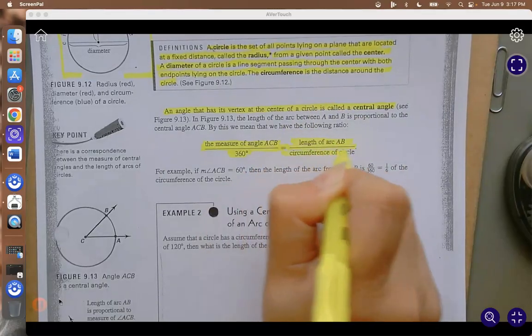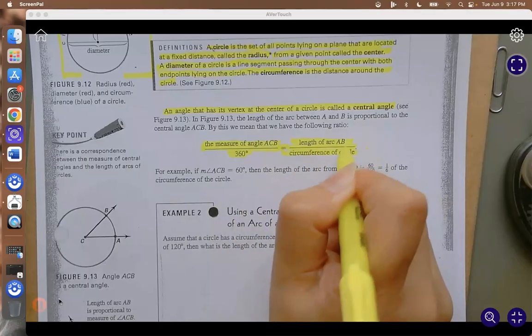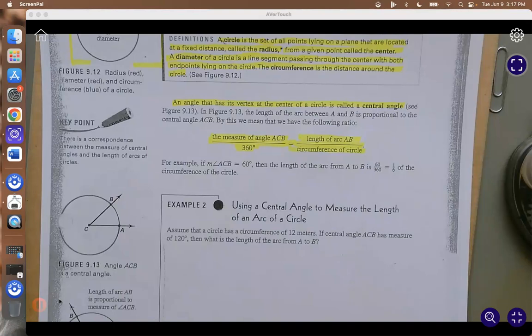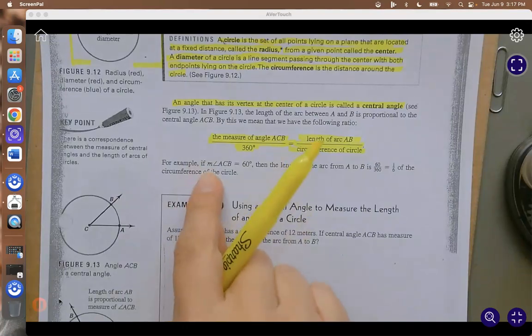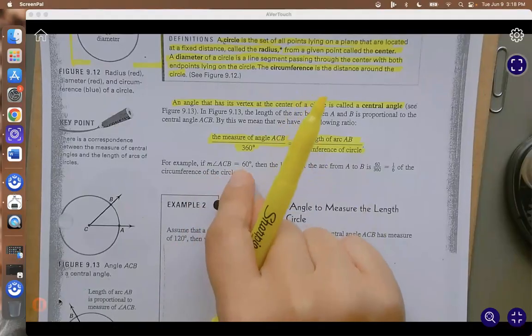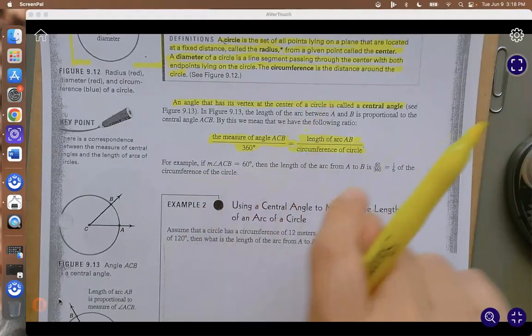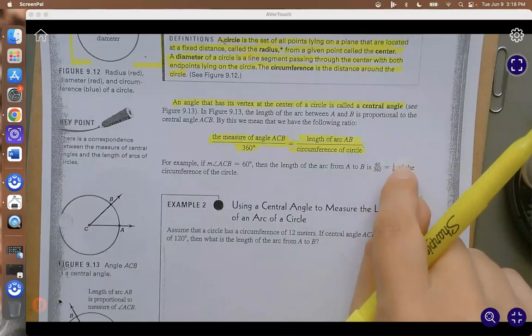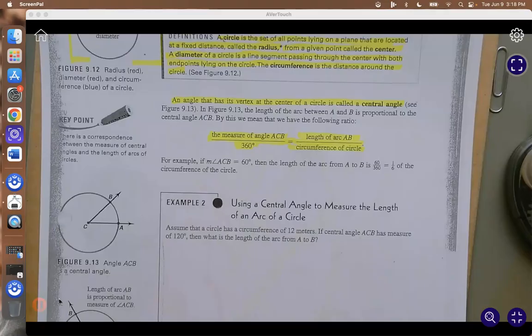So it's always part out of the whole. If you can remember that, you do the angles, you do the lengths. Part out of whole. For example, if your angle is 60 degrees, 60 out of 360 is 1/6 of the circumference.